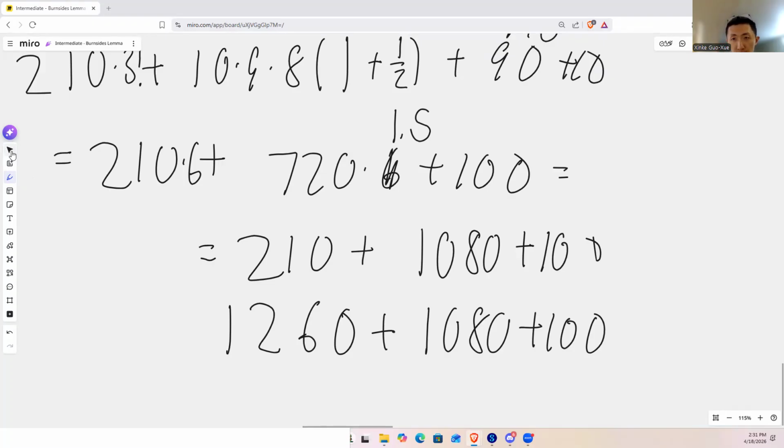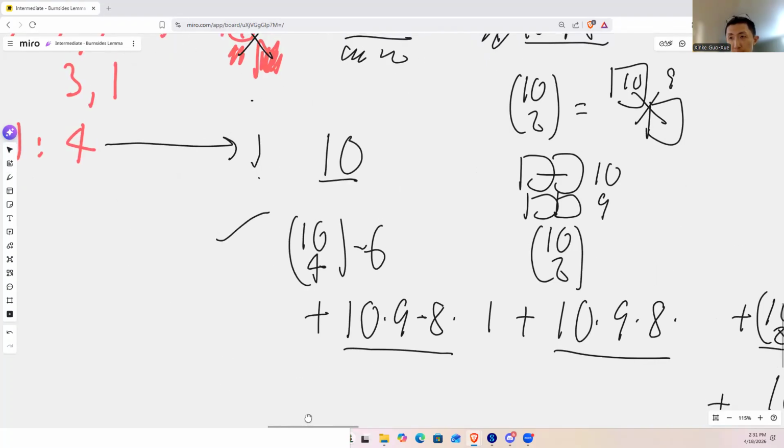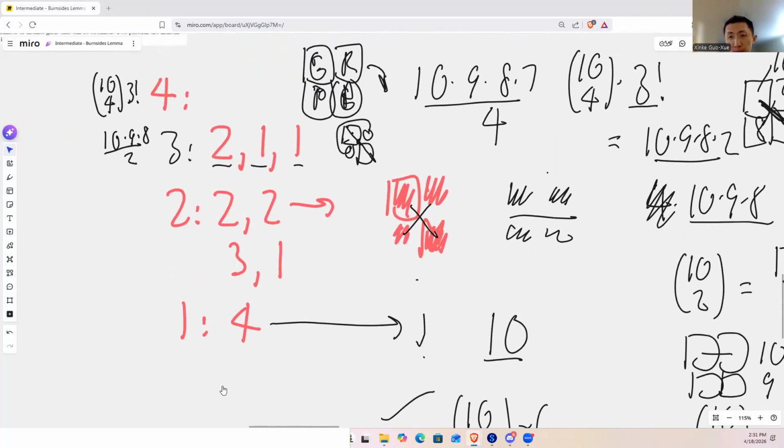Okay, so if it's on an edge, it's just 10 times 9 times 8. 2 and 2, so if they're adjacent corners, and if it's like this, then it's 10 times 2.